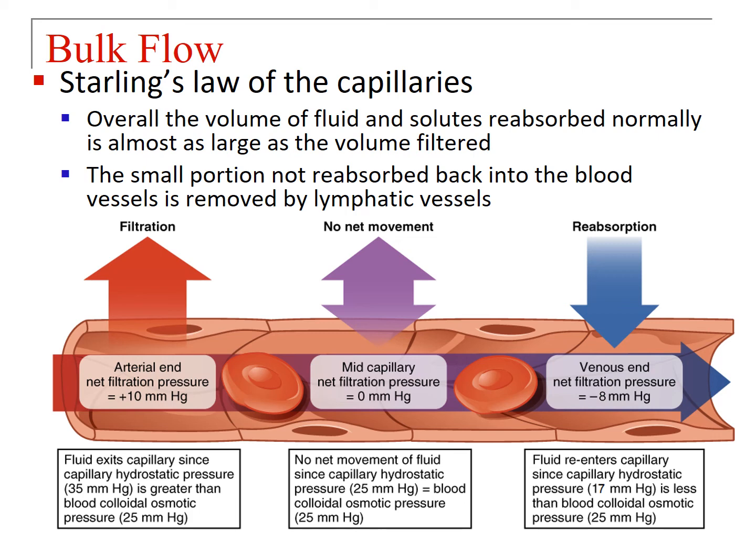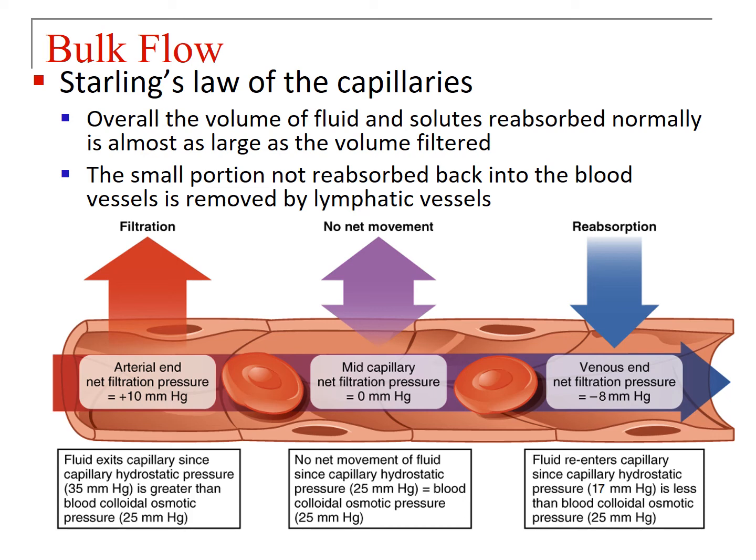So at the arterial end, your net filtration pressure is 10 millibars. Again, 35 greater than 25. At the middle of the capillary bed, your net filtration pressure is going to be 0, because as you've moved from the arterial end to the mid capillary, your hydrostatic pressure overall has dropped from 35 to 25. So at mid capillary, 25 in, 25 out, your net filtration pressure is 0.